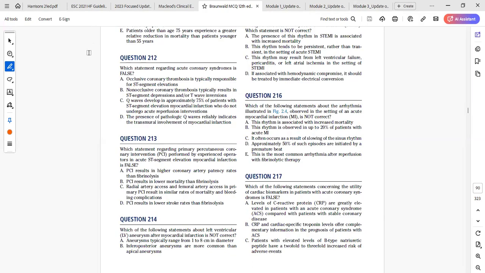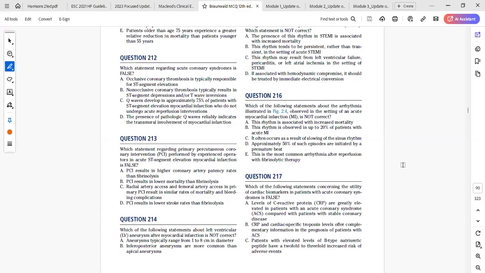Okay, good evening, consultants and colleagues. I'll be taking questions 216 to 220. Question 216. Which of the following statements about the arrhythmia illustrated in figure 2.4, observed in the setting of an acute myocardial infarction, is not correct? A. This rhythm is associated with increased mortality.